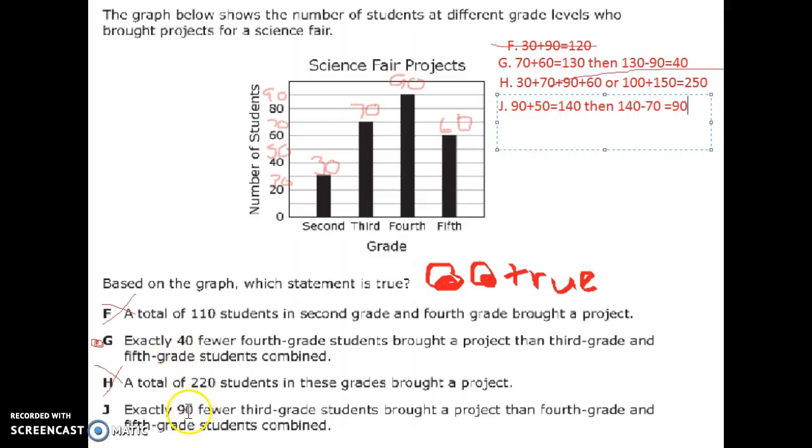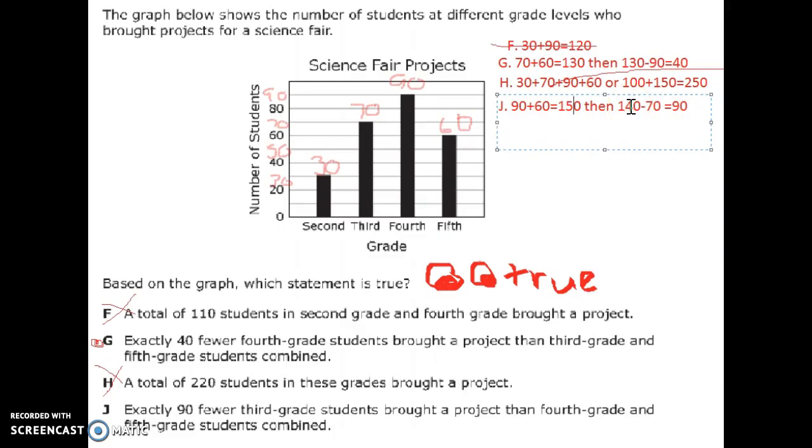The last choice, J, says exactly 90 fewer third graders brought a project than fourth and fifth grade students combined. So we put fourth and fifth together: 90 plus, oops, that needs to be 60. Sorry about that. We all make mistakes as we go, and part of this is double checking our work as we go. That equals 150.